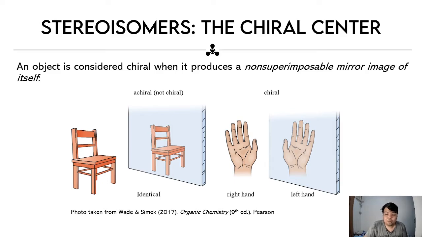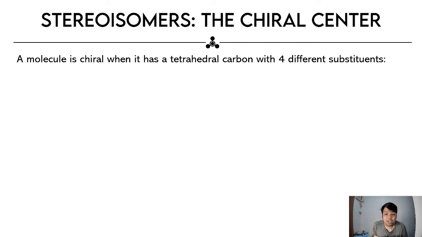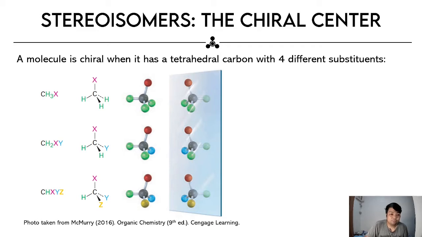Now, the same form of chirality is also observed with molecules, and that chirality is only observed when it has a tetrahedral carbon with 4 different substituents. So let's have an example here. Now, if you notice, a tetrahedral molecule with just 1 or 2 different substituents, if you try to overlap it with each other, there will be a perfect match.